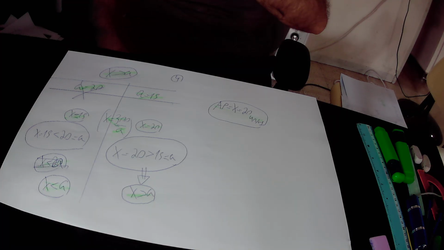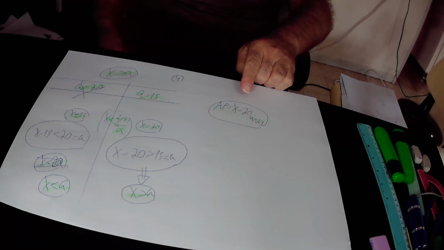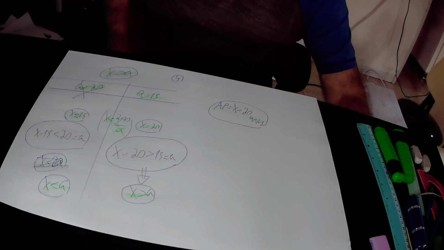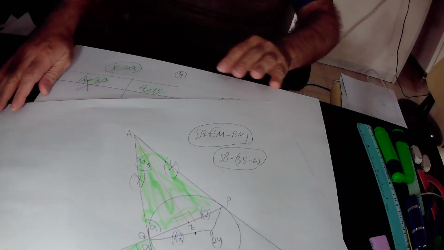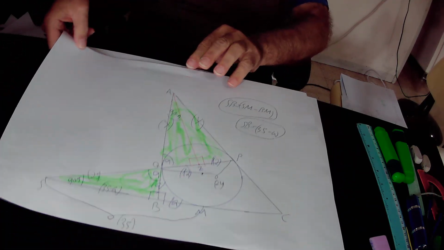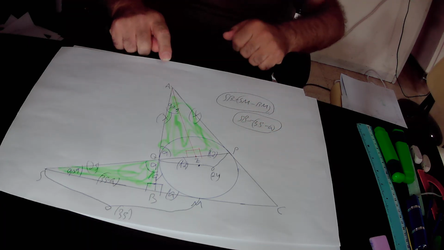So the answer to the question is that line segment AP equals X, and X equals 20 units in its length. Okay, thank you very much.